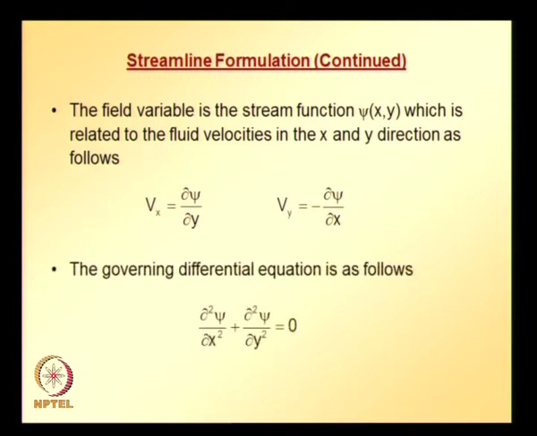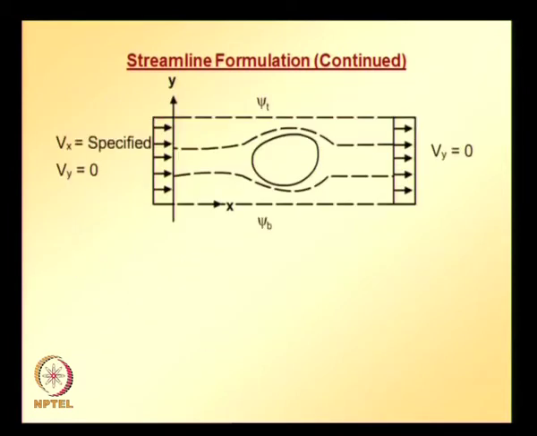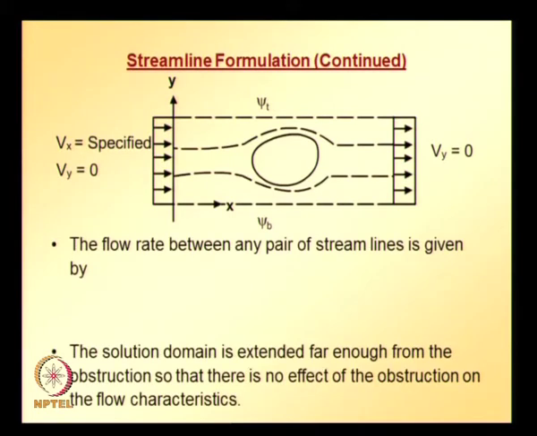So, basically we need to solve this differential equation subjected to some boundary conditions imposed on psi, and the fluid rate between any pair of streamlines is given by this equation, q_ij is equal to psi_i minus psi_j, that is, i and j are any pair of streamlines.